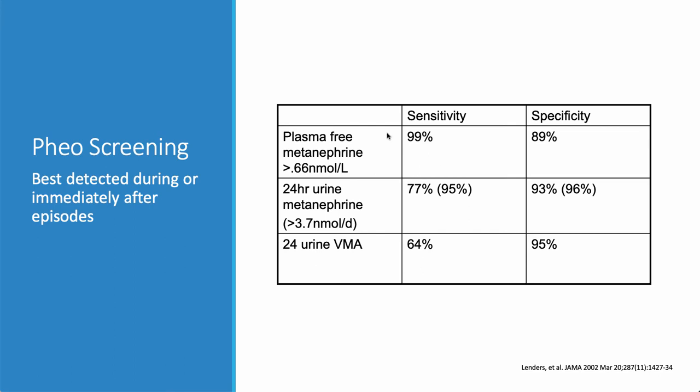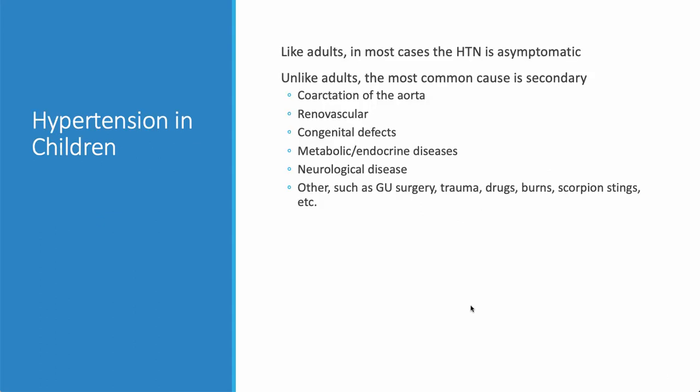That's what that number means. But just because they have it, there's still a 11% chance that they don't have a Pheo when they have high plasma metanephrines. You'll learn about sensitivity and specificity at another time. I don't want to waste your time thinking about that in this course.